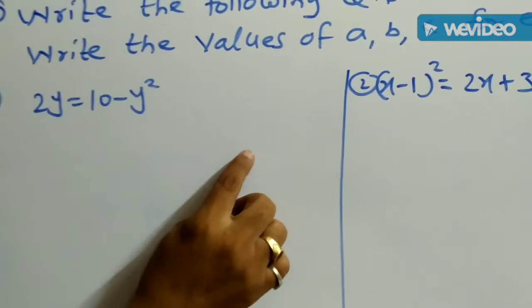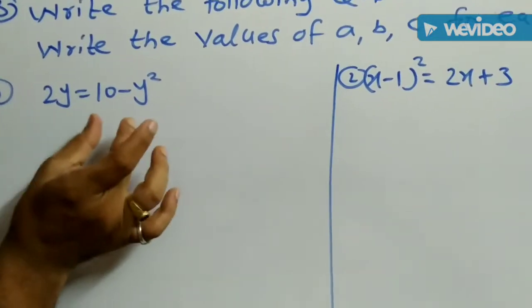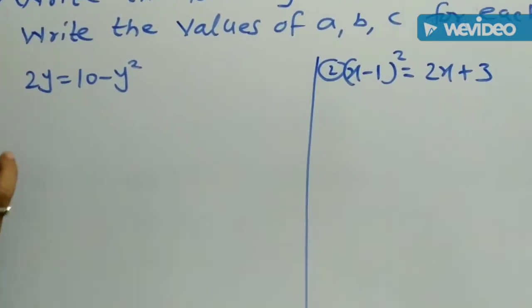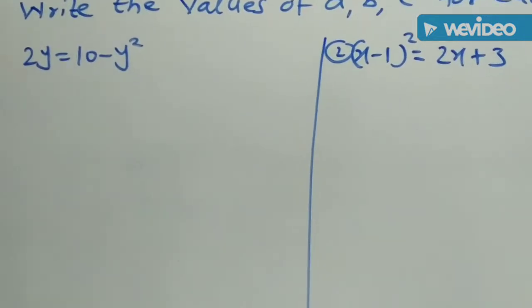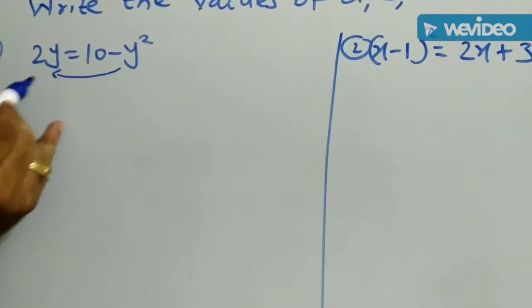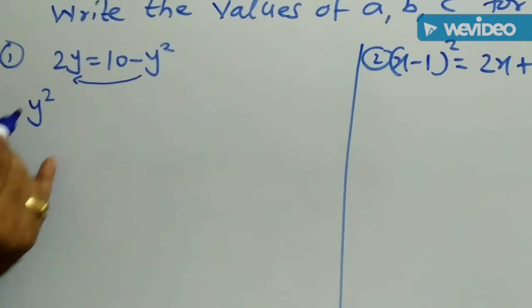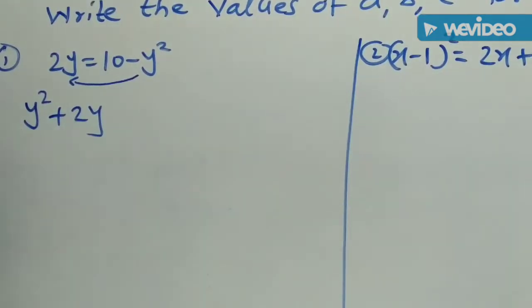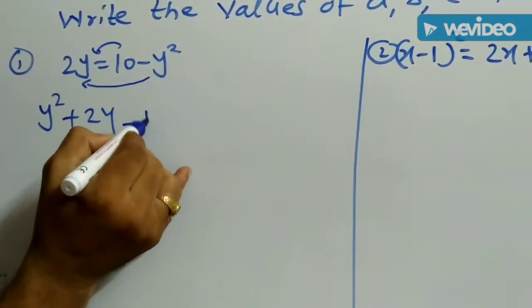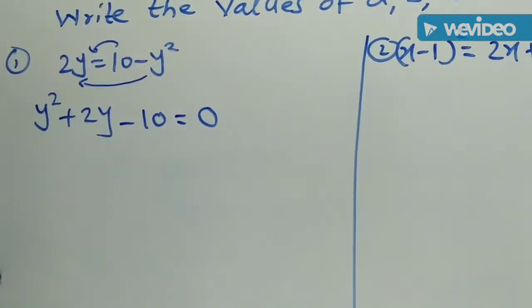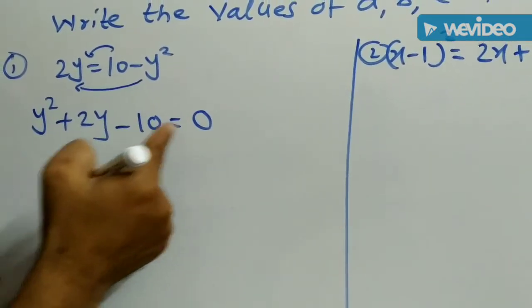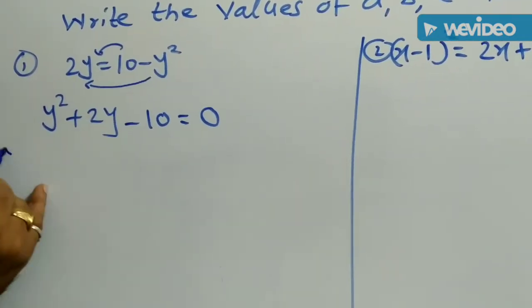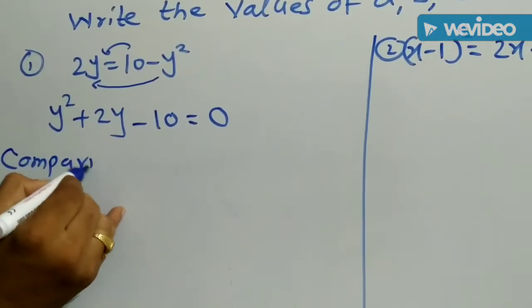That means in RHS we have to write 0 and all terms in LHS in descending order of the degree. Therefore, firstly minus y square gets converted to plus. This plus 2y as it is. This plus 10 gets converted to minus, and here we get 0, and this is the standard form of the quadratic equation.